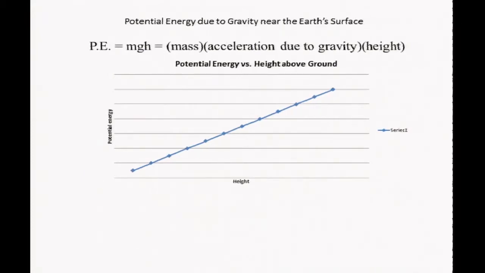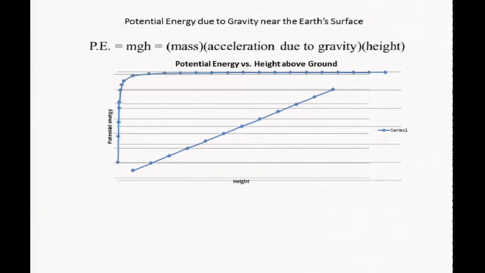Potential energy equals mass times the acceleration due to gravity at the Earth's surface times the height. It's a nice straight line. It's a linear relationship. How can I have a linear relationship? I just told you that the relationship between potential energy and distance was an inverse relationship.